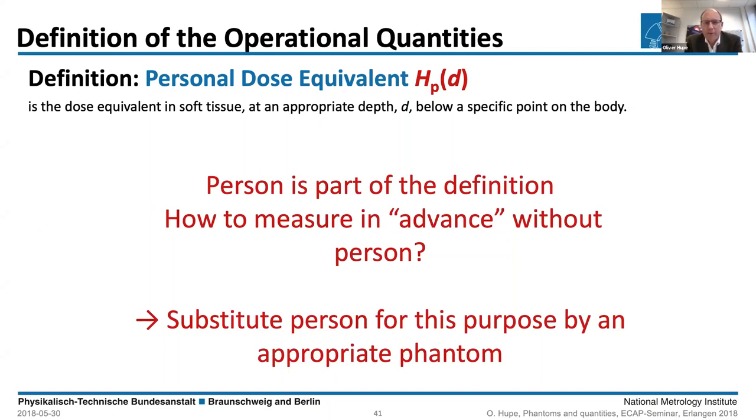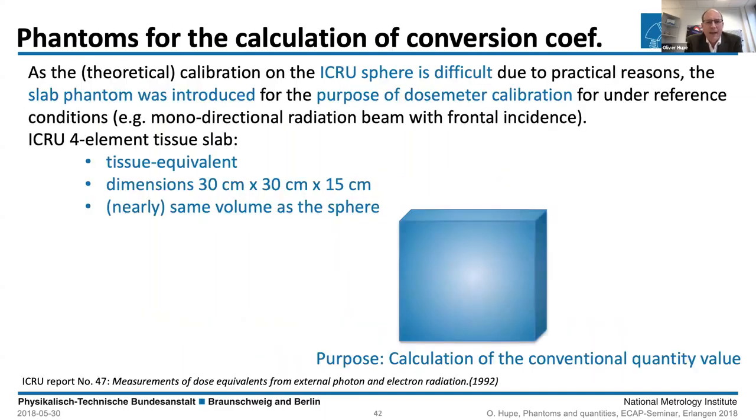So you have to replace the person by a standard phantom. And as the ICRU sphere would not be good for calibrating several dosemeters at the same time, they decided to replace the sphere for the personal dose equivalent with this slab phantom of 30 centimeters times 30 centimeters times 15 centimeters, made of ICRU tissue.